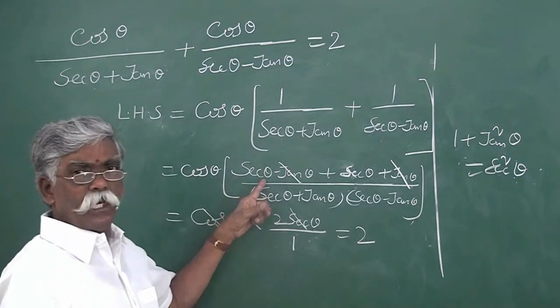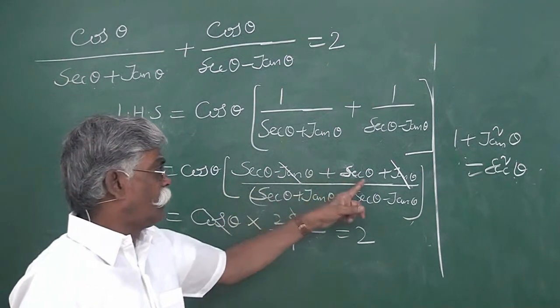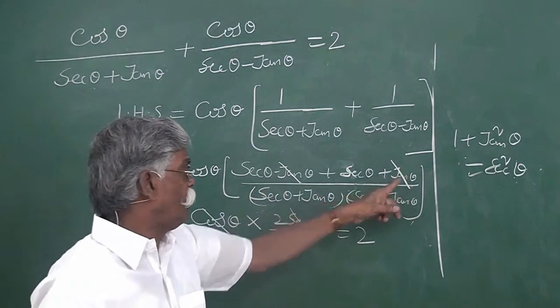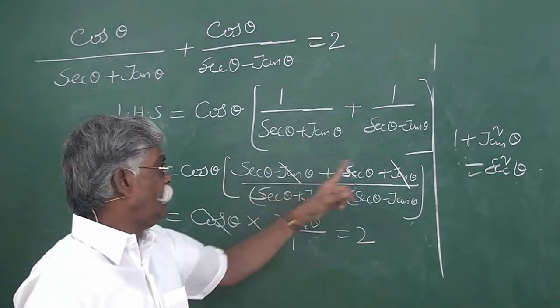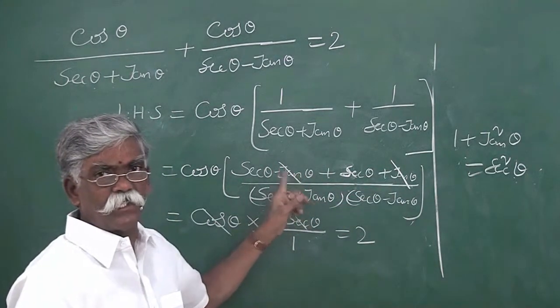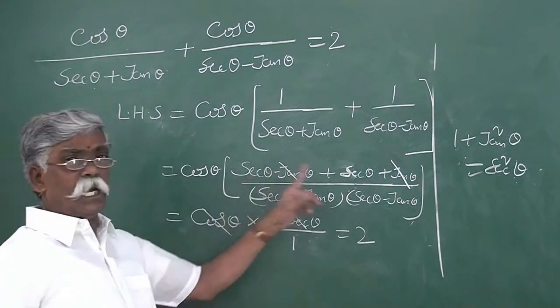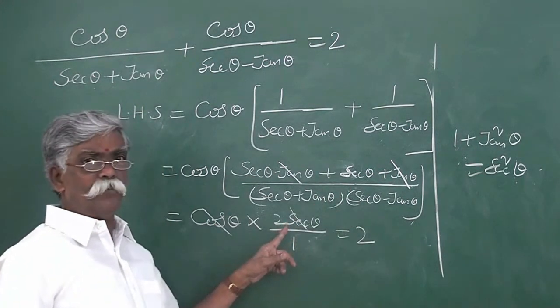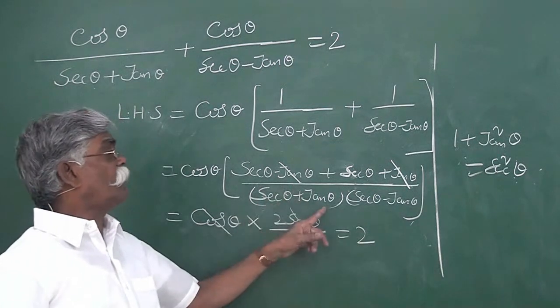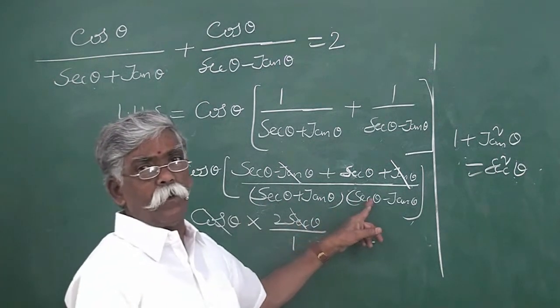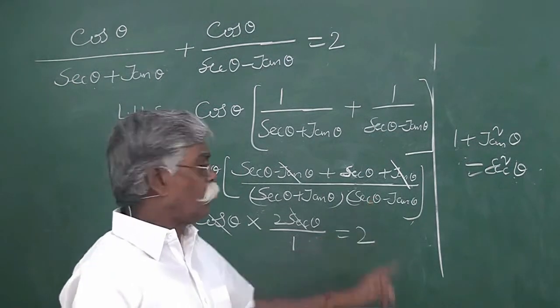Here secant theta minus tan theta, and here secant theta plus tan theta. Tan theta and this tan theta both get cancelled because this is minus and this is plus. This is cos theta. Secant plus secant is 2 secant theta, and secant theta plus tan theta into secant theta minus tan theta is equal to 1.